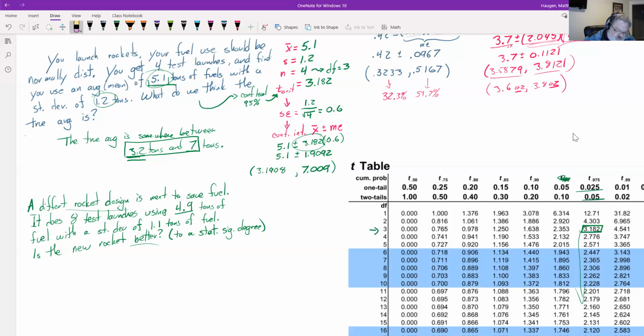Let's go a little crazy here then. Let's say this new engine had an average of 2.4 tons of fuel in its use. Okay, wow, that looks a lot better, right? That is lower than our lowest. So again, is this new rocket design now better to a statistically significant degree? We still don't know.